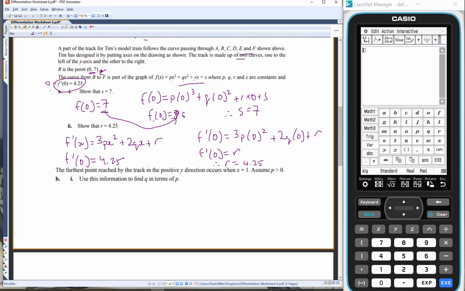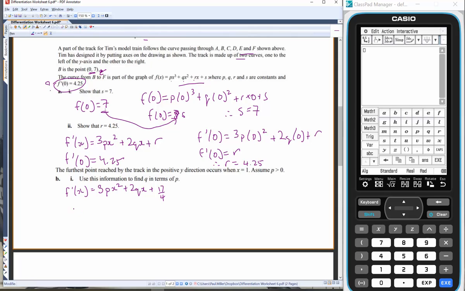Okay, so what we'll do is use the derivative. So f'(x) is equal to 3px squared plus 2qx plus 17 on 4.